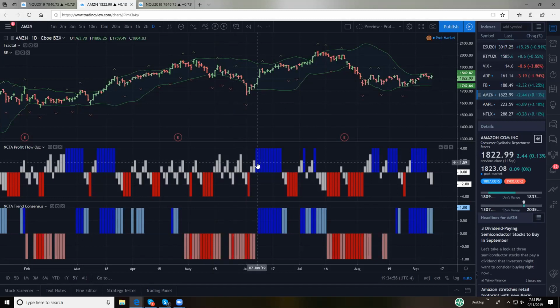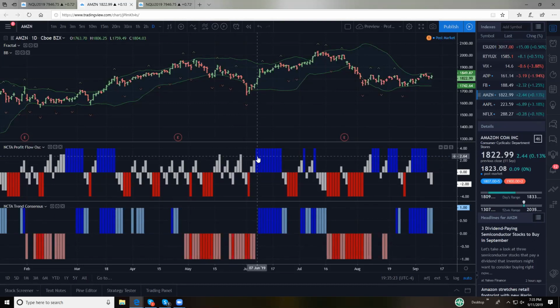So here on June 7th of this year is a signal to buy Amazon. Now this might mean you're buying a call or buying a call debit spread, or you might be opening a put credit spread, anything that is a long options strategy.